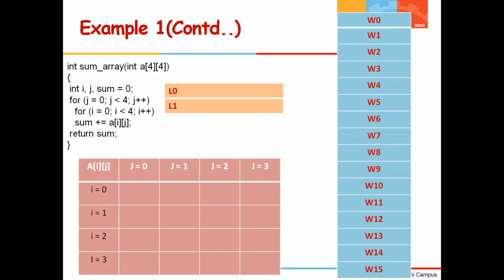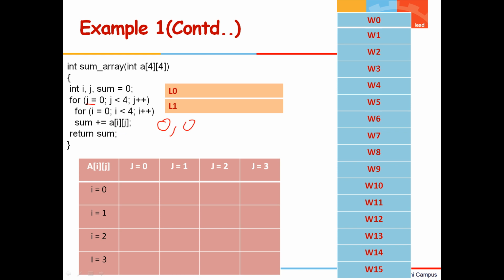Now you can see the first value is going to be J equal to 0, I equal to 0. So the first reference is 0, comma 0.